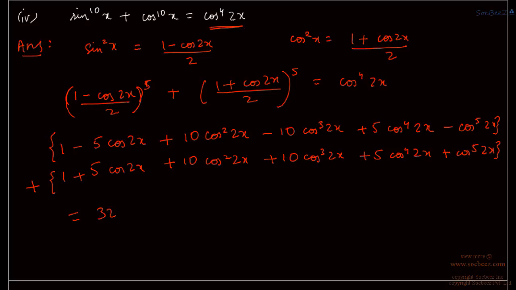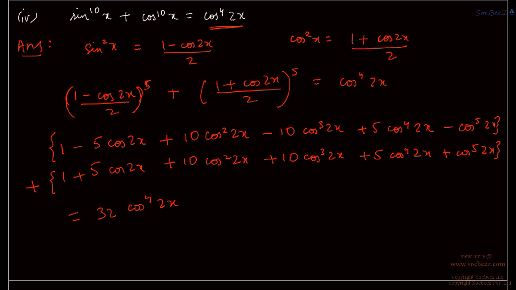And that all is equal to 32 cos power 4 2x, right? So please note that those two lines are just the left hand side, and 32 cos power 4 2x is the right hand side.